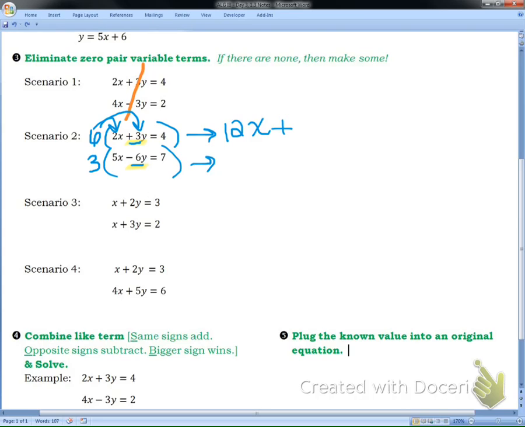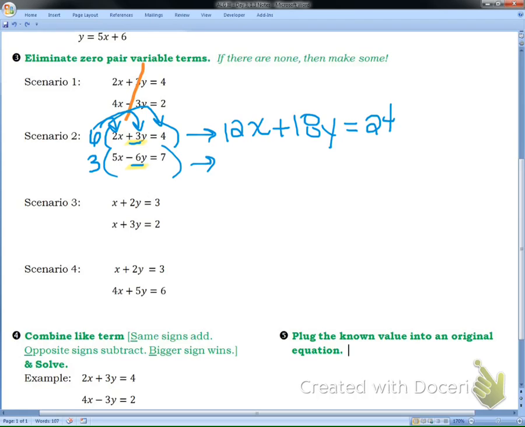I'm not writing plus and then multiplying and writing down my answer. I'm waiting until after I multiply to write my answer and its sign. 6 times positive 3y is positive 18y is equal to 6 times, what am I going to multiply? Did you say 4? 6 times 4 is positive 24.